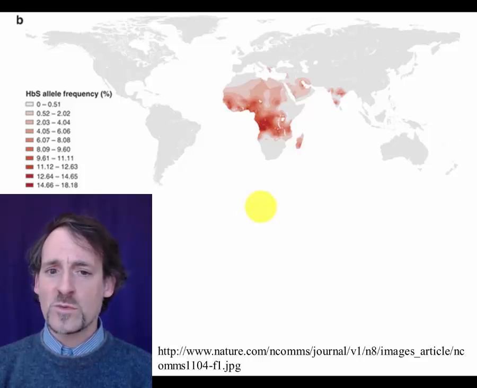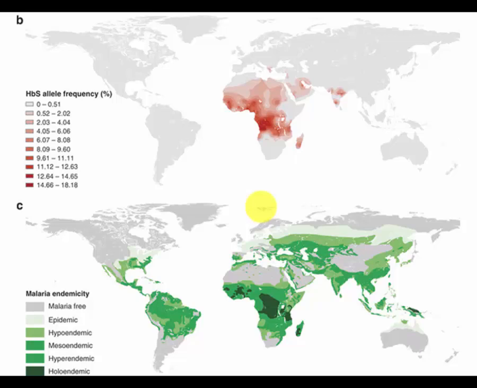And those parts of the world are exactly the parts of the world where you find really high frequencies of malaria. The malarial parasite is this very odd little parasite that actually hides inside your red blood cells. Mosquitoes bite people.